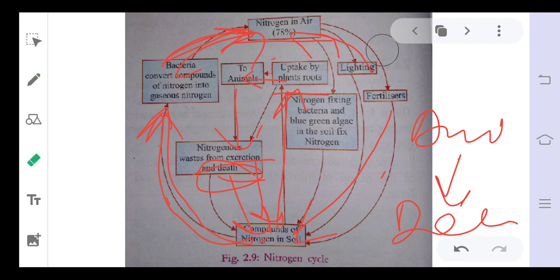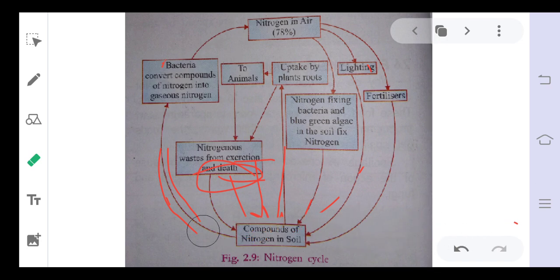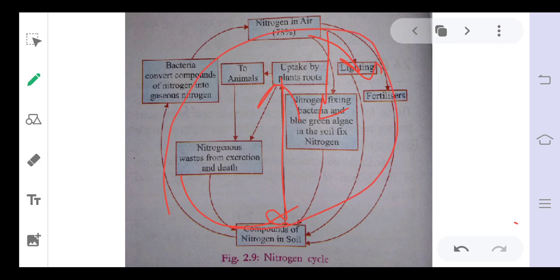First nitrogen is converted into its compounds, then it goes into the soil and is taken by the plant, from the plant it reaches the animals, and finally through the animals it comes into the soil again, and from the soil it is converted into free nitrogen and released in the air. It moves in a cyclic form, and that is why it is called the nitrogen cycle.